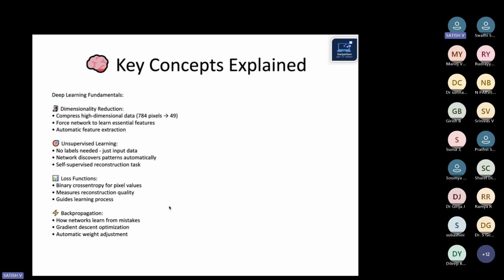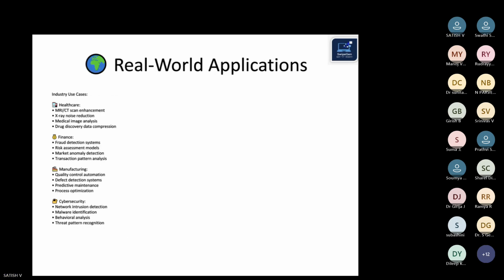Next, for the loss function, as I told you, binary cross entropy for optimizing the pixel values and the reconstruction quality. Next, for backpropagation, we're going to see how networks learn from mistakes, with gradient descent optimization, that is Adam, and we'll also see the weight adjusting parameters.